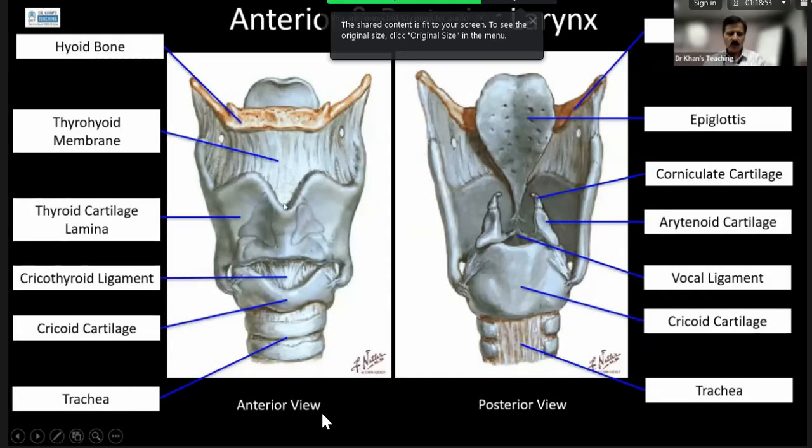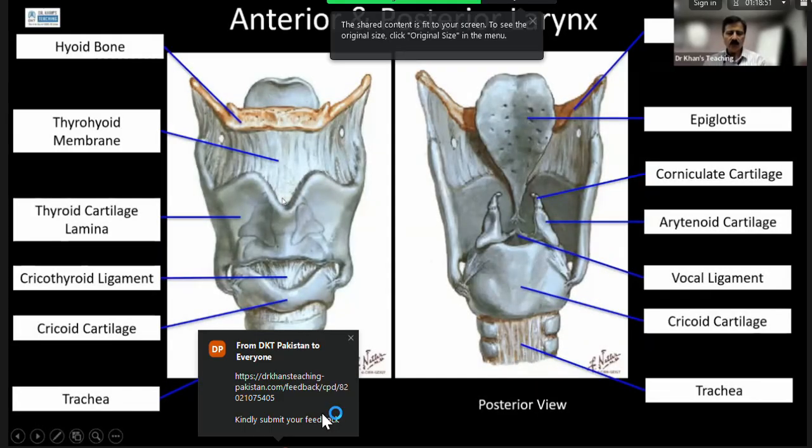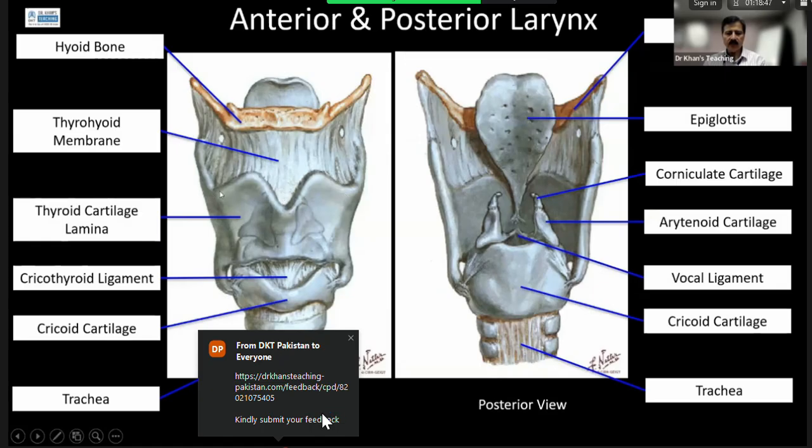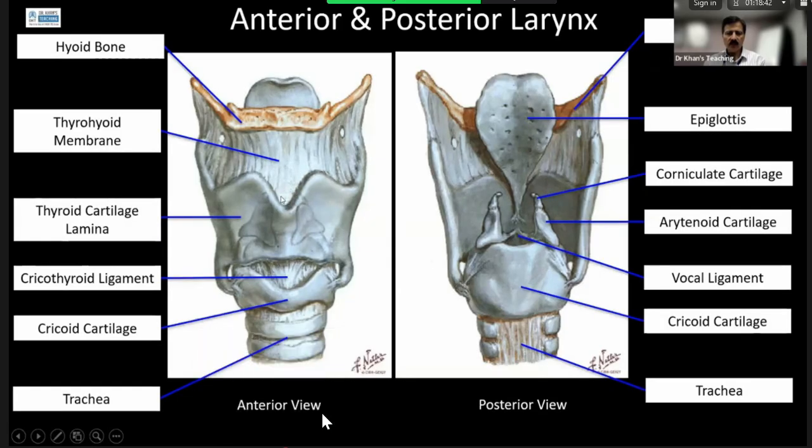Beware of this notch here, the thyroid notch. What will happen is that if a slice of CT scan or MR goes through like this, there might be a missing structure, and you will overcall it. You will think as if there is a defect there. So this notch is important for you to realize.